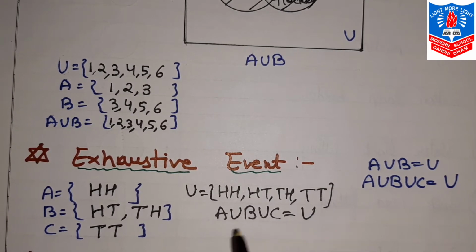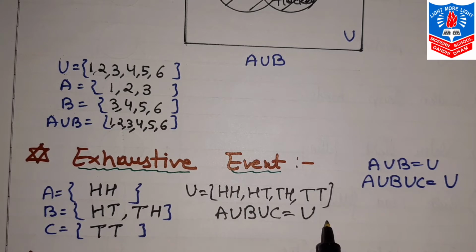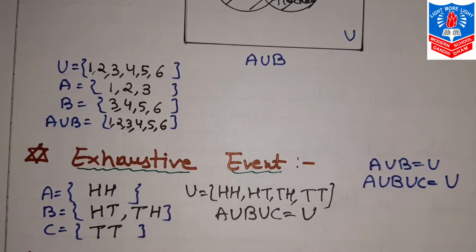So it is understood that A union B union C is equal to U. You have to remember this: A union B union C is equal to U. That means all the possible outcomes of sample space U are in A, B and C. This is known as an exhaustive event.